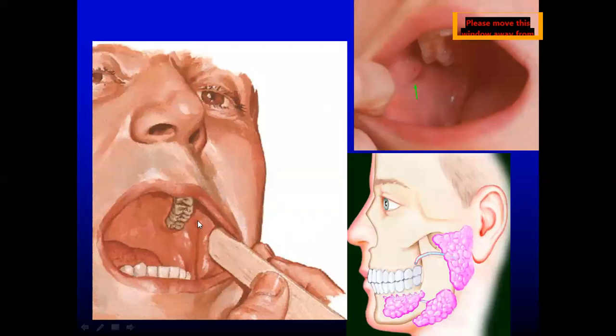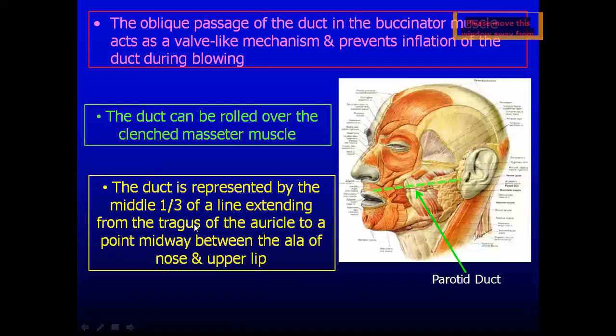You can see upper second molar tooth. Behind that, you are finding the opening of this parotid duct or the Stenson's duct. The oblique passage of the duct in the buccinator muscle acts as a valve-like mechanism and prevents inflation of duct during blowing. The duct can be rolled over the clenched masseter muscle.